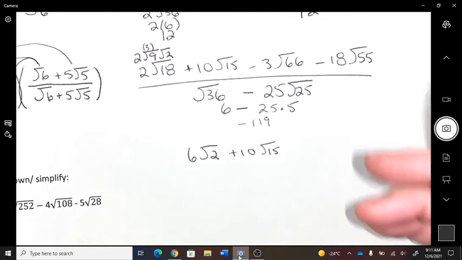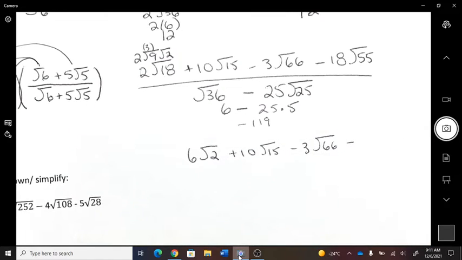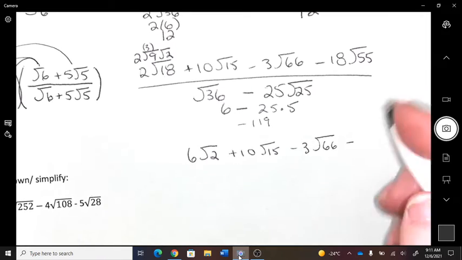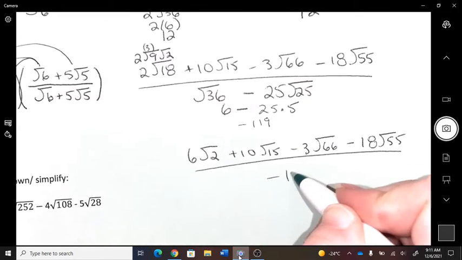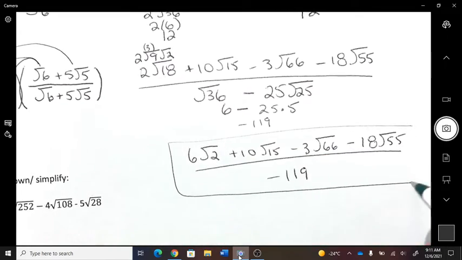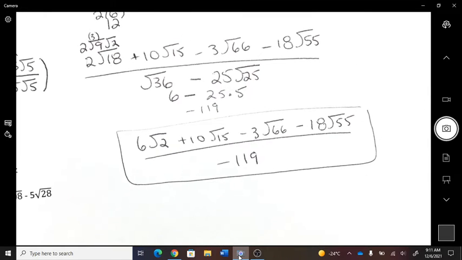So I think we're good. 55 is not divisible by anything either. Okay, and again, when we look at our bottom, there's no radicals in it. That was our last unit.